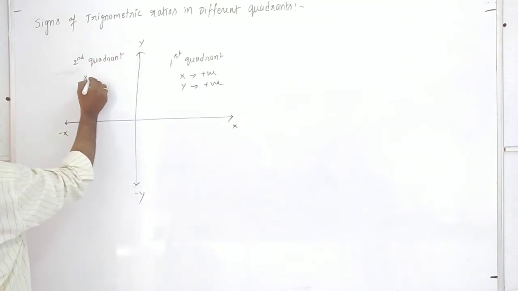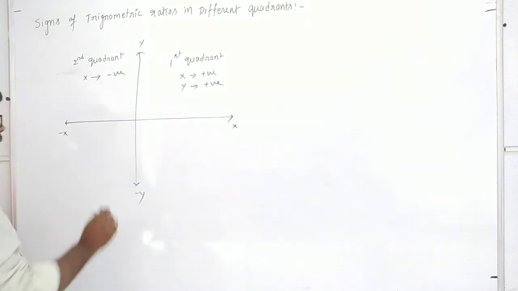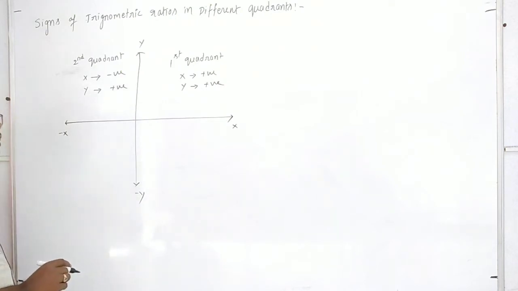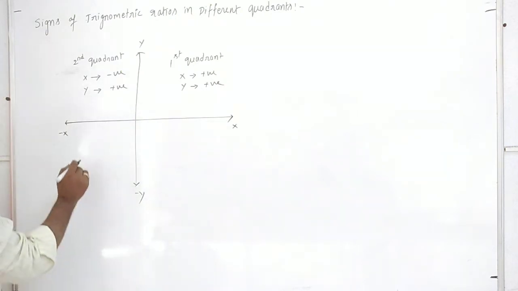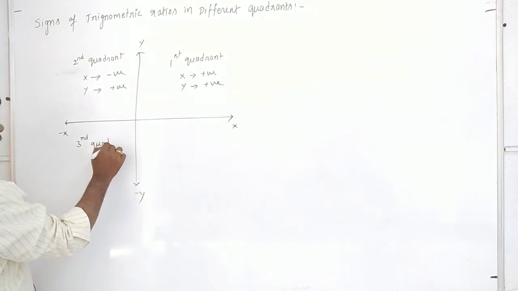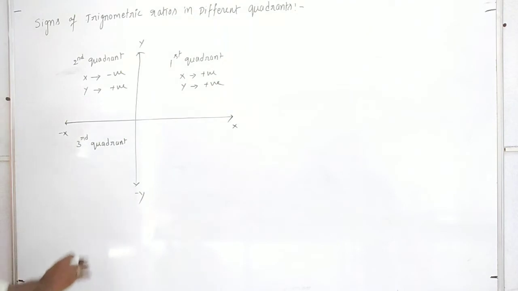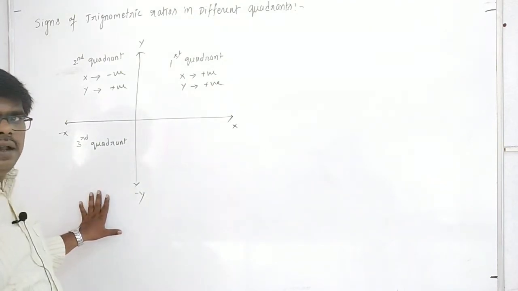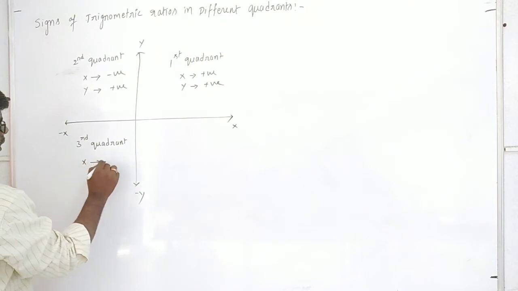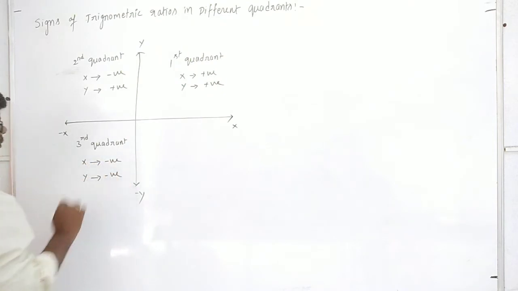Here x is negative and y is positive. Next one, the third quadrant. In the third quadrant, x is negative as well as y is negative.